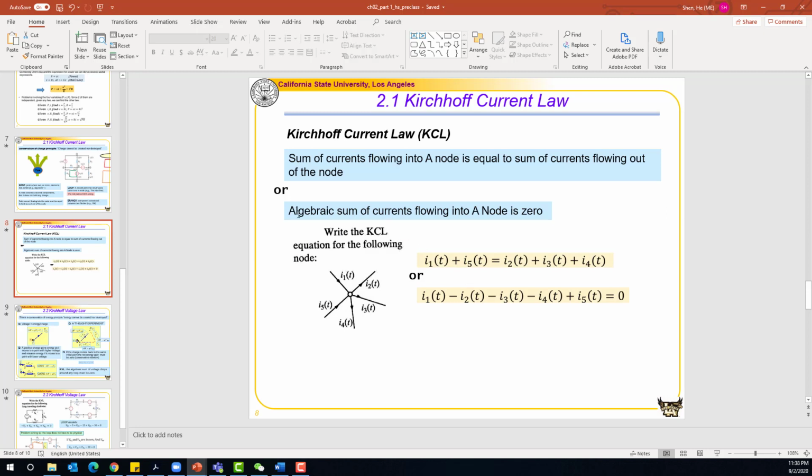If we write it using the second expression, it becomes I1 flowing into the node, minus I2 leaving the node, minus I3 because it's leaving the node, minus I4, plus I5, that is equal to 0.